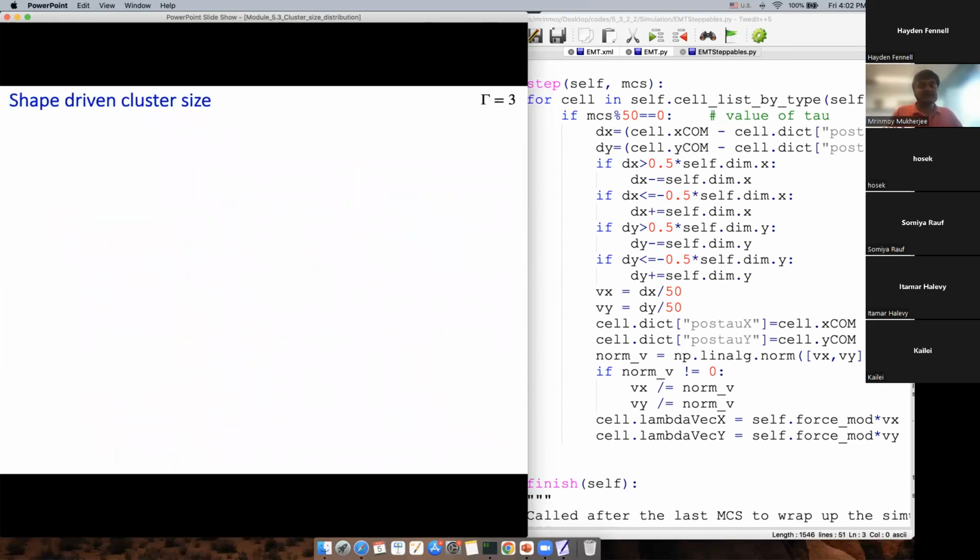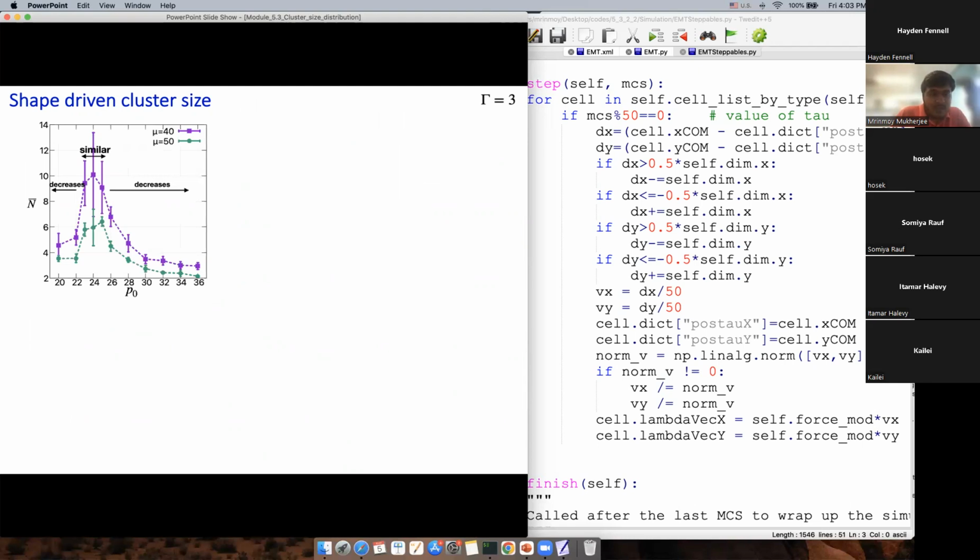So I think this is the last topic I should cover today. As you can see, not only the adhesion and migration properties, the mesenchymal cell also has a really elongated shape, which we can manipulate by the perimeter term here. This is the value of the target perimeter, and we calculate similarly the average cluster size. Previously we chose 25, if you remember.